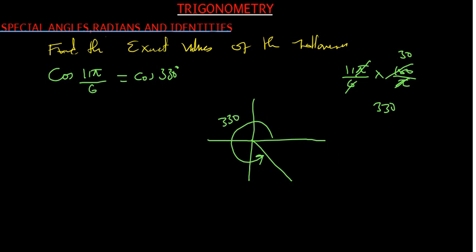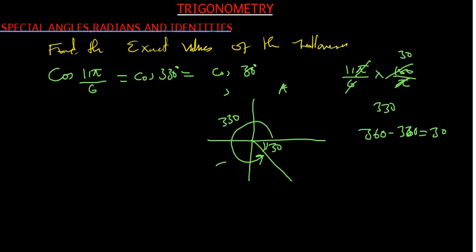So what is the acute angle associated with 330? So the acute angle is 30 degrees. Like if we remove 330 from 360, what we're going to remain with is 30 degrees. So this is the 30 degrees, the acute angle associated with the x-axis. And so we are saying cos 330 is the same as cos 30 degrees. But in the last quadrant, the fourth quadrant, is cos positive or not?